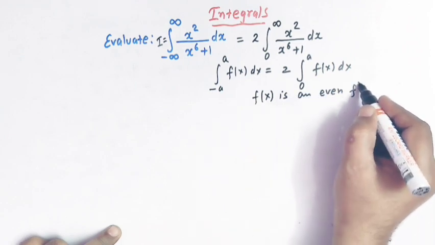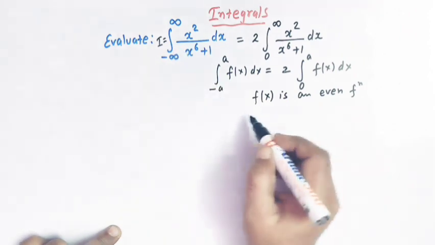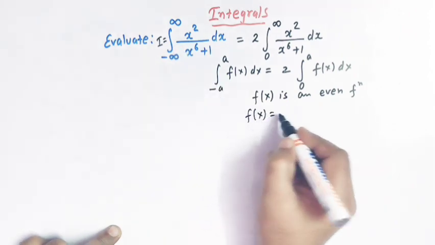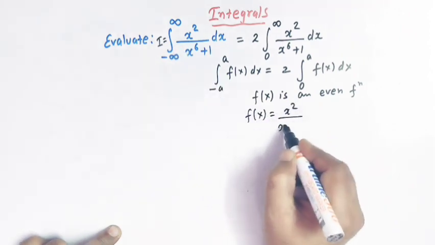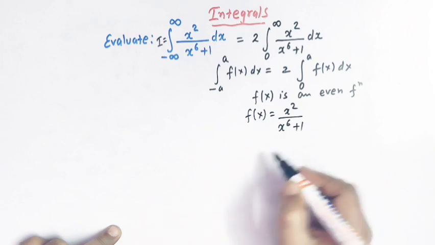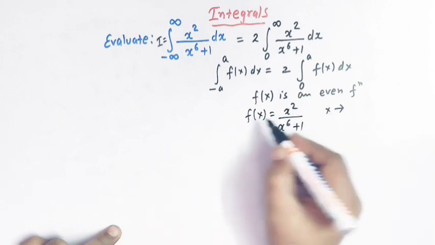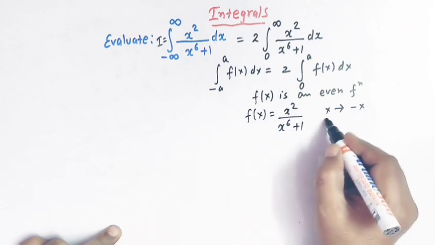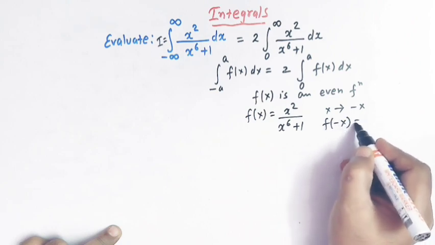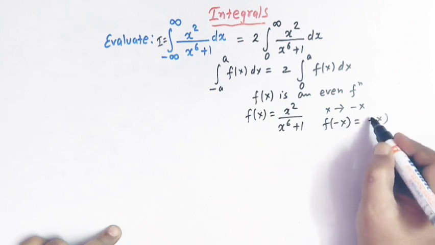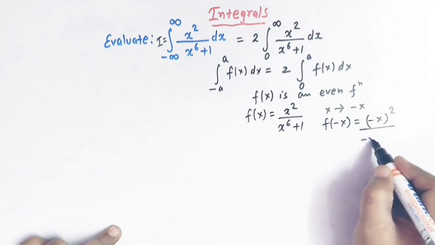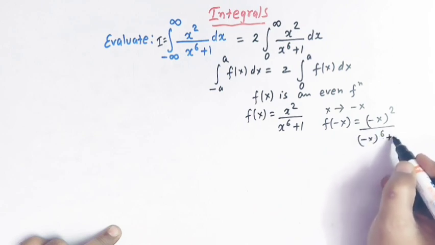So here we can see that f(x) is x squared divided by x raised to 6 plus 1. So if we replace x by minus x, then f of minus x is equal to minus x, squared, divided by minus x raised to 6 plus 1.